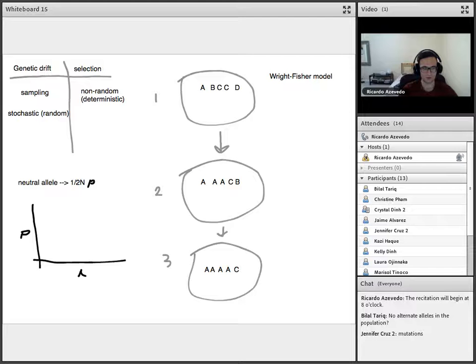In this case p is a mutation, so at the beginning it's 0 as long as it doesn't exist, and then at one point it becomes 1 over 2n. Over time, it can go up to become 1, meaning that everyone in the population carries that allele. Here is the ceiling, which is 1. When the frequency of the allele is 1, it simply means that everyone carries the same allele.